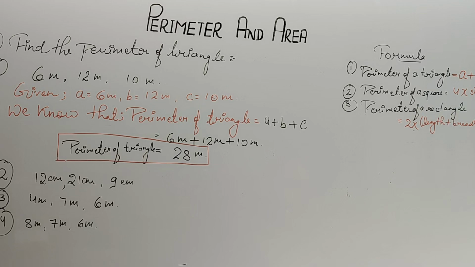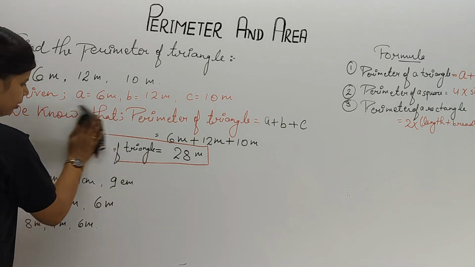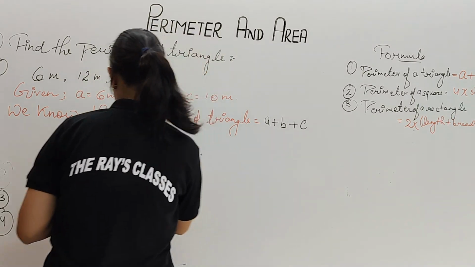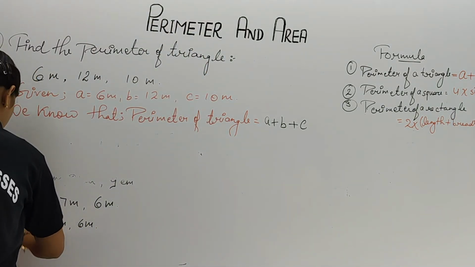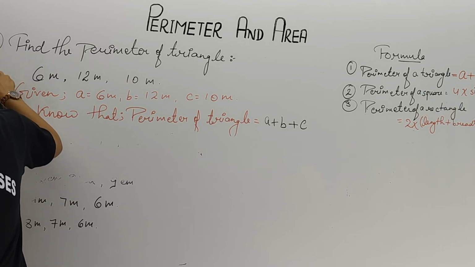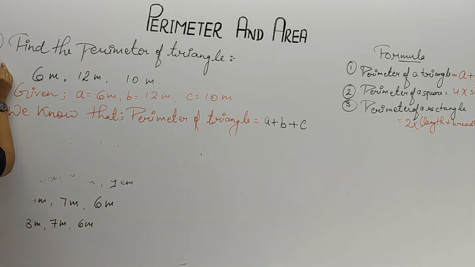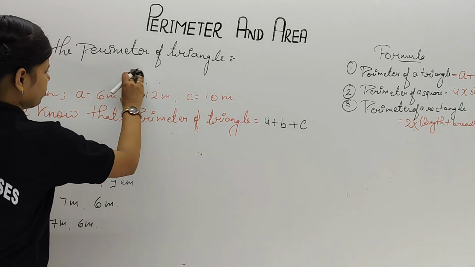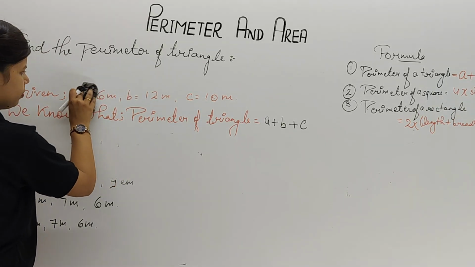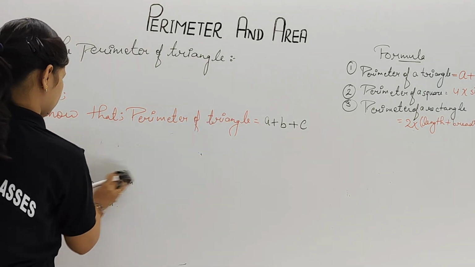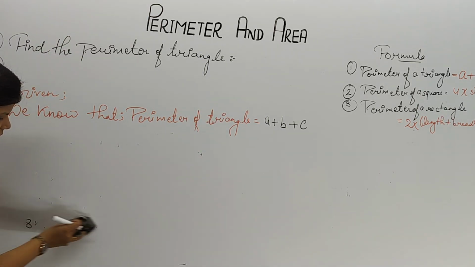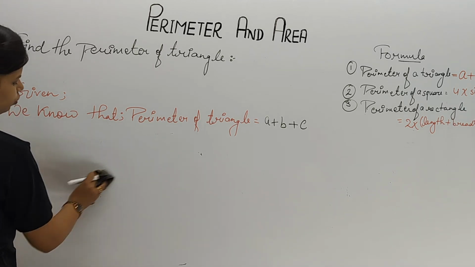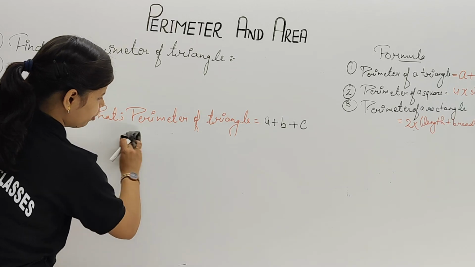Now the next question, which is very, very important from the same topic, perimeter of a triangle, only the pattern of the question is different. Clear? Please keep your eyes here. This is our question number 5. Now the question is, if it is given 4 whole 1 upon 2, 3 whole 1 upon 2, 2 whole 1 upon 2, then how are you going to solve?